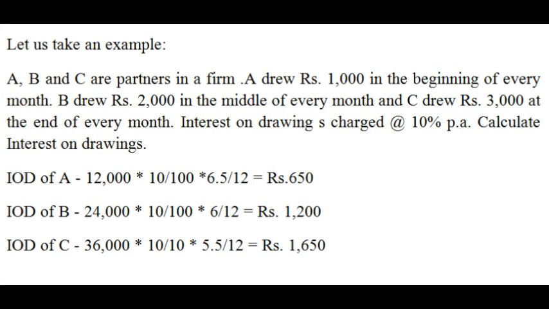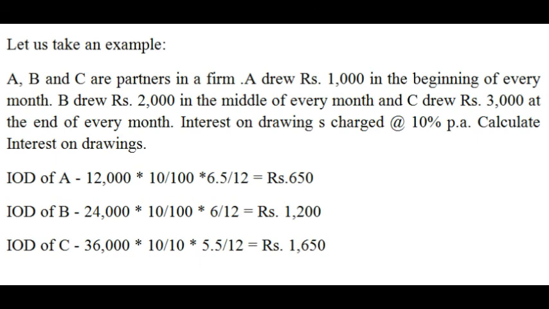Applying the formula, look at the figure. Interest on drawings of A is 12,000 multiplied by 10 upon 100 into 6.5 upon 12. Why 12,000? 1000 multiplied by 12. You have to find out the total drawings. 6.5 is the T, the time period, according to the formula already told to you.